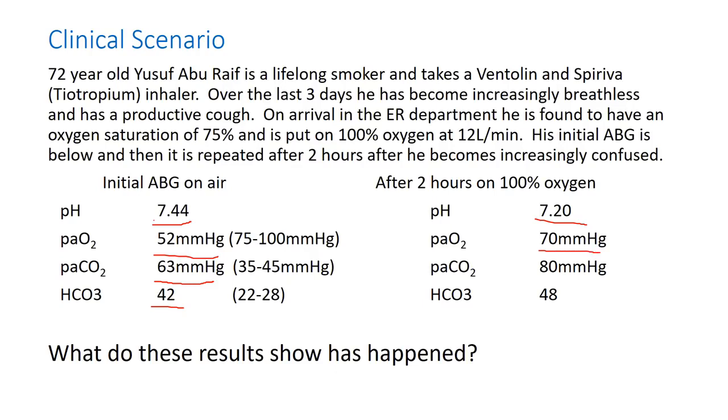Yes, sure, his hypoxia's improved, but correspondingly his CO2 level's gone up. He's become more hypercapnic, causing his confusion. And there's also been a compensation from the metabolic system, an increased level of bicarbonate. But this has shown that he's retaining CO2 with oxygen, and we need to reduce his oxygen levels, put him on a lower flow of oxygen, or maybe stop it for a while until he hopefully comes round again.